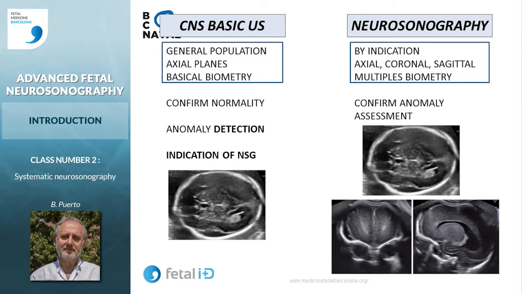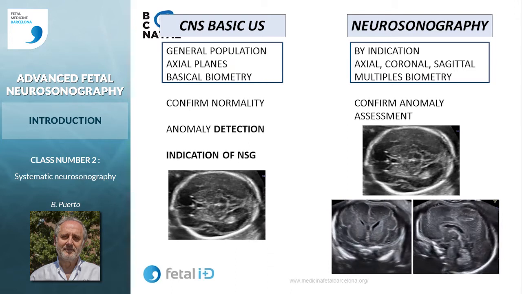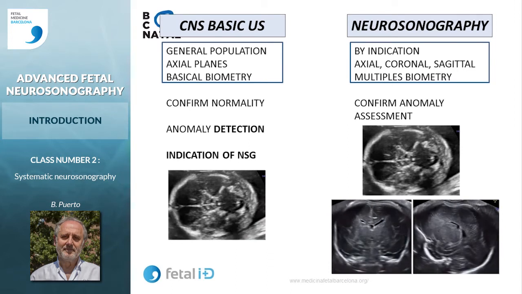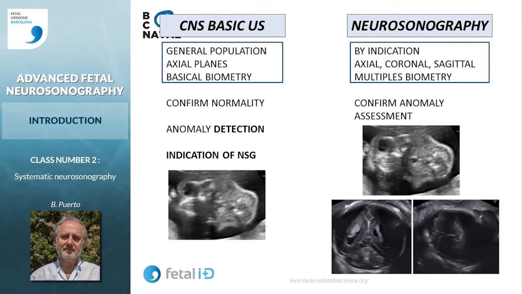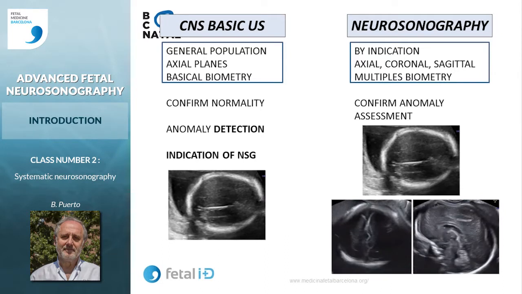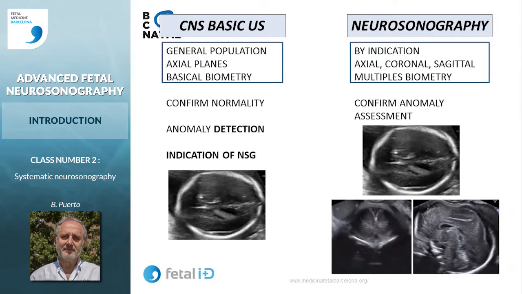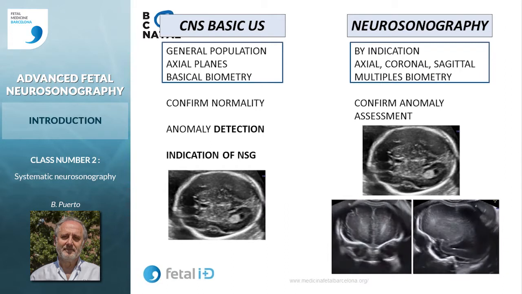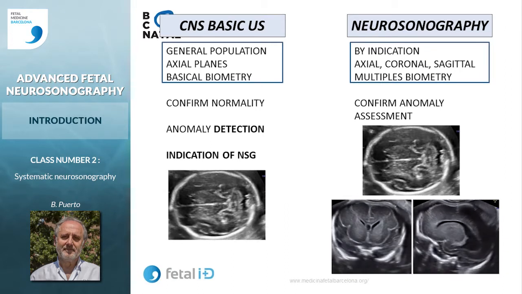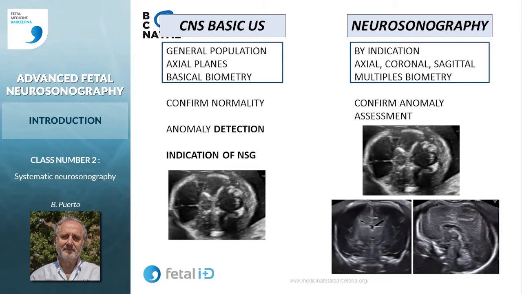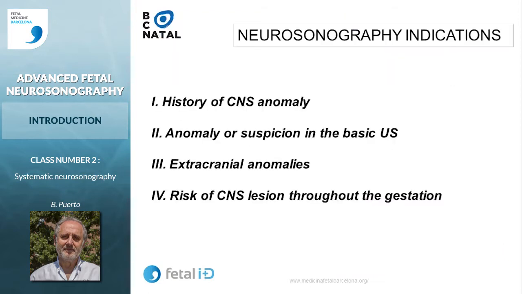The objective of the neurosonography is to confirm the anomaly and counsel the parents, explaining the alteration, the different symptoms, and give them the information required to be able to make the decision on whether they want to continue with the pregnancy or not. The indications of neurosonography are listed below.